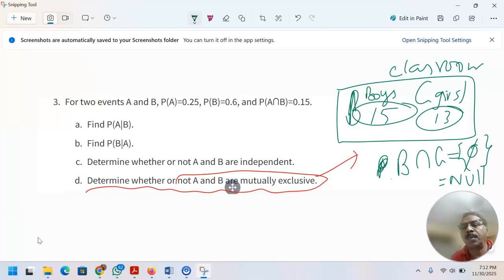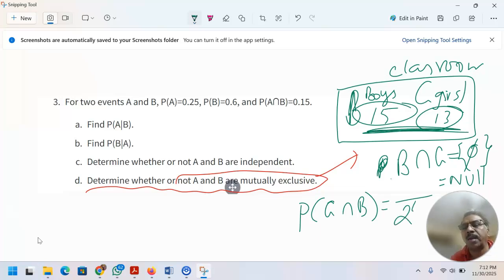In other words, we say the probability of a boy and girl, even though there are 28 students here, out of 28 you don't see any student who is common, who is a boy and a girl, so you just put zero. Just like the number of outcomes of boy and girl is zero.